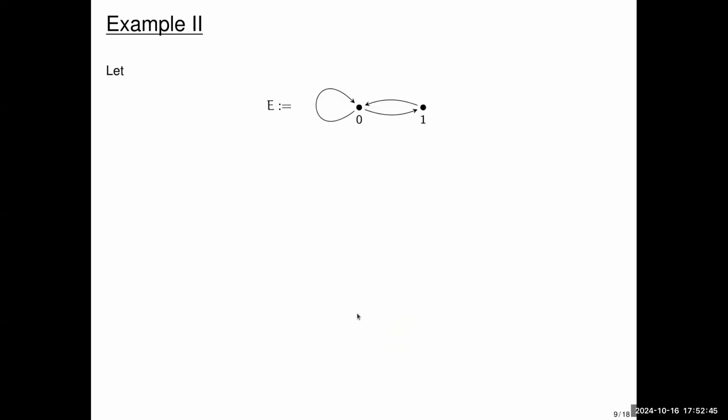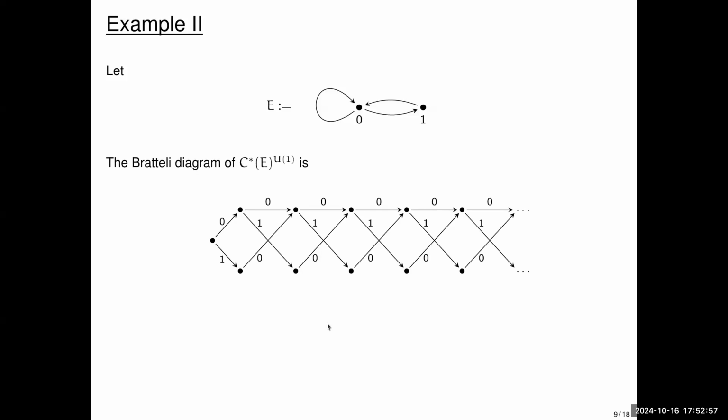The next example is this C-star algebra here, with the two vertices which I denote by 0 and 1. Okay, it's not very different from the one we had before. In particular, the AF core doesn't look very different, but it is. So now if you write the Bratteli diagram of the AF core, still you have one vertex, which is the root of this diagram. Then you have in each column two vertices, 0 and 1.